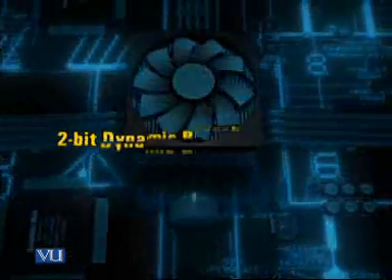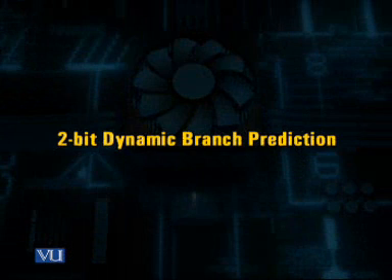In case of one-bit prediction, we change the prediction every time we find a misprediction. But in case of a two-bit predictor, we wait for misprediction twice.